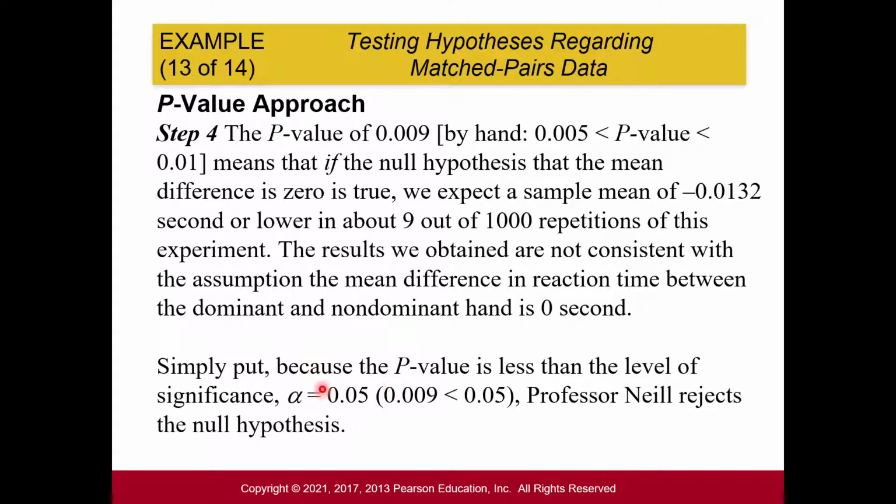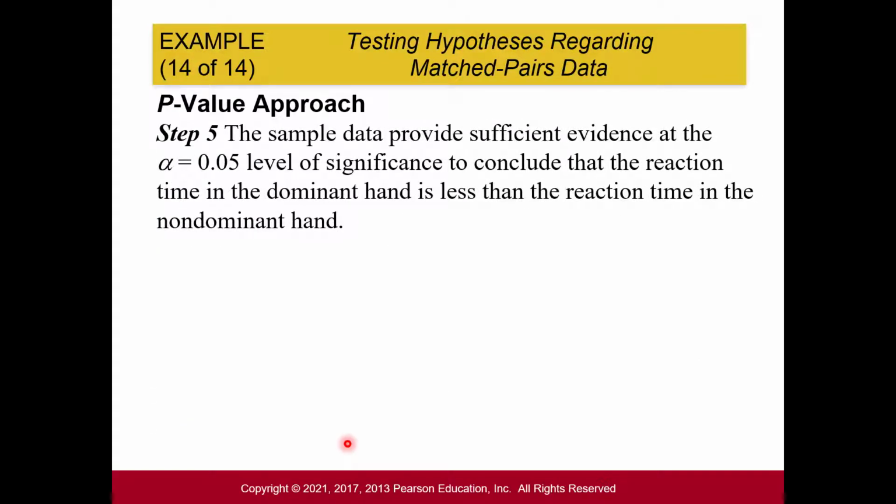So another way to say this: because the p-value is less than the level of significance, 0.009 is less than 0.05, the professor rejects the null hypothesis. And then we can conclude, just as before, the sample data provides sufficient evidence at this level of significance to conclude that the reaction time in the dominant hand is less than the reaction time of the non-dominant hand.